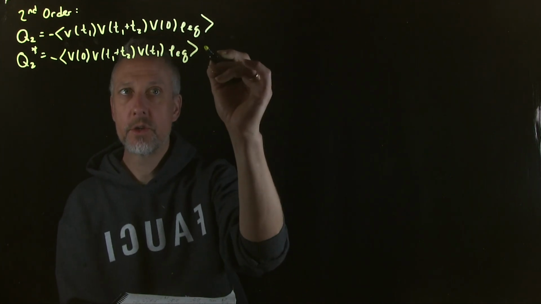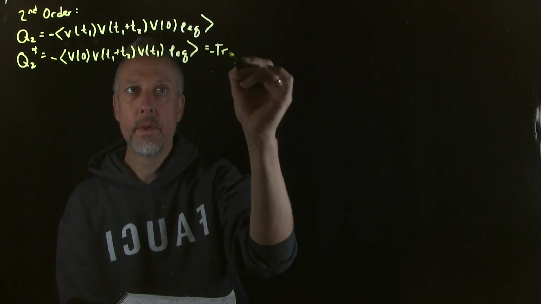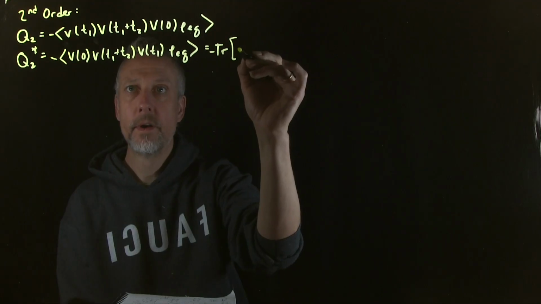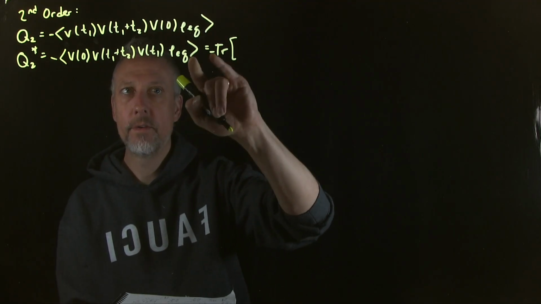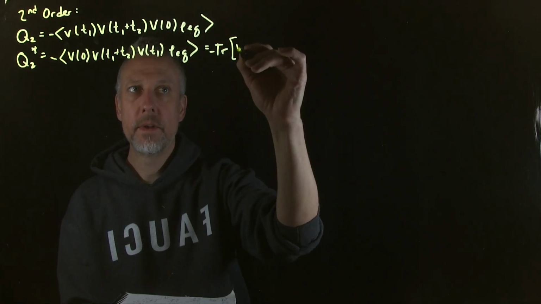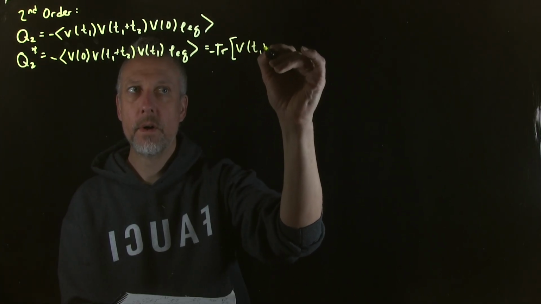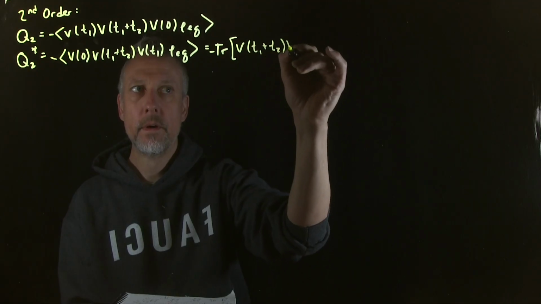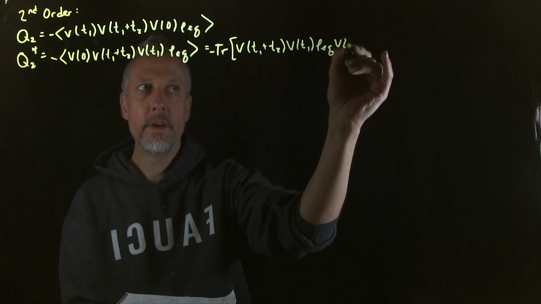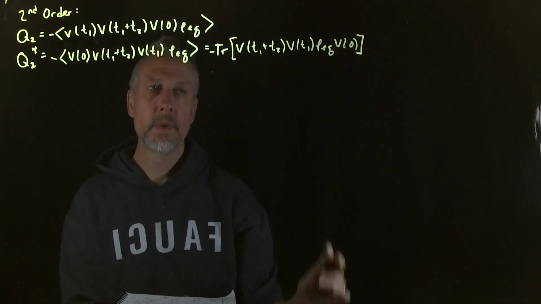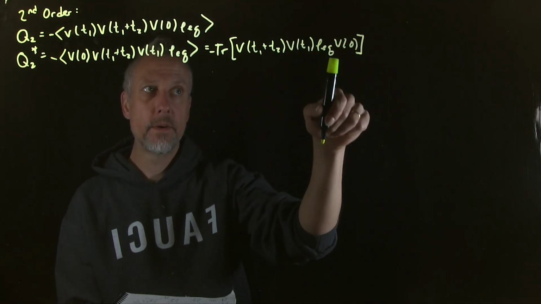When I convert this to the trace, the minus sign, we have V0, VT1, right? But I can move this over to here. So that means this is equal to VT1 plus T2, VT1, rho EQ, V0. And now I have them going in the correct order.